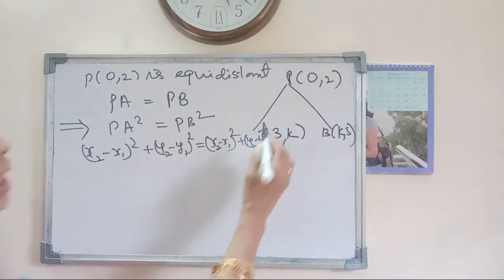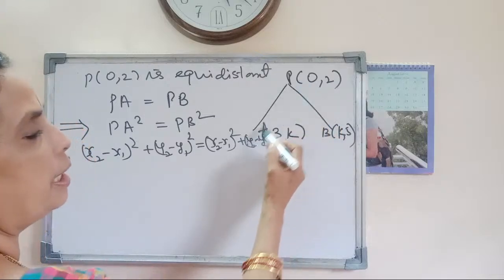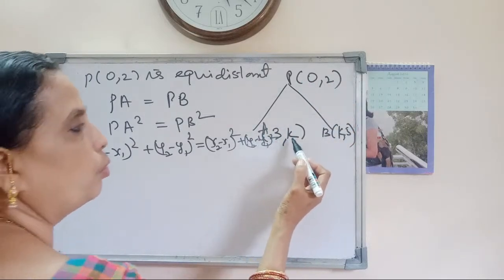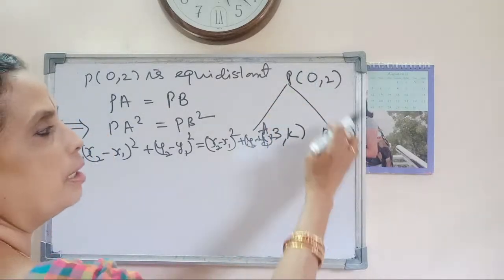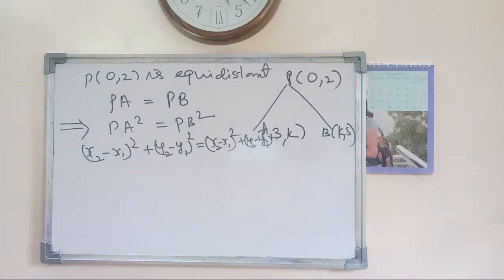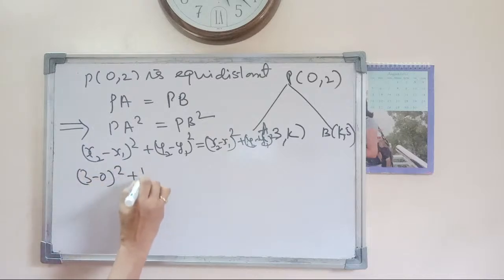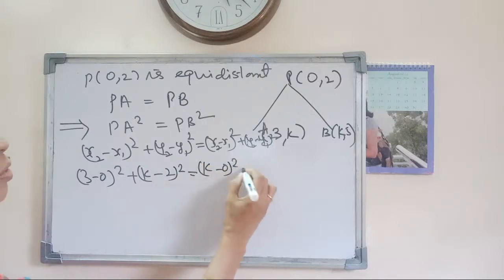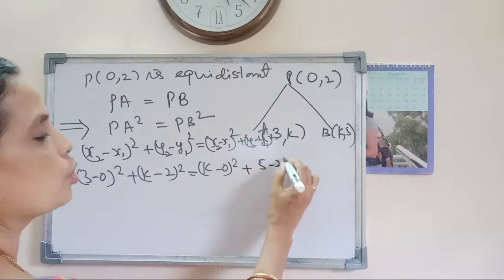Let us take PA as x1 y1 x2 y2, and PB as x1 y1 x2 y2. So now (x2 minus x1) means (3 minus 0) whole square plus (k minus 2) whole square equals (k minus 0) whole square plus (5 minus 2) whole square.